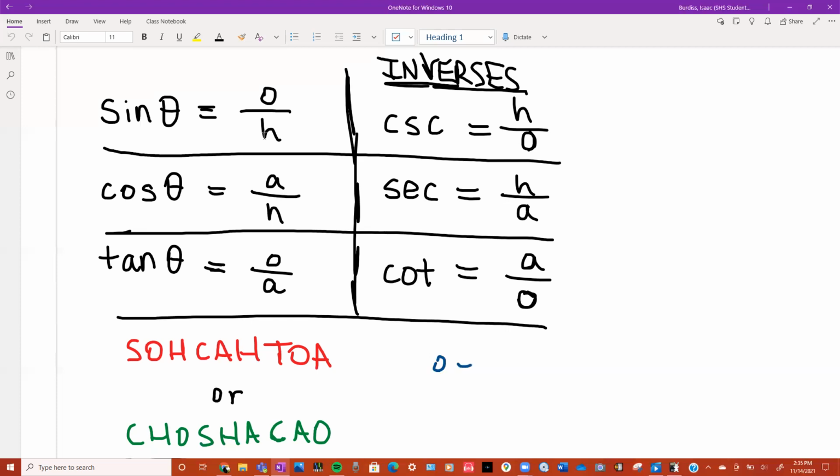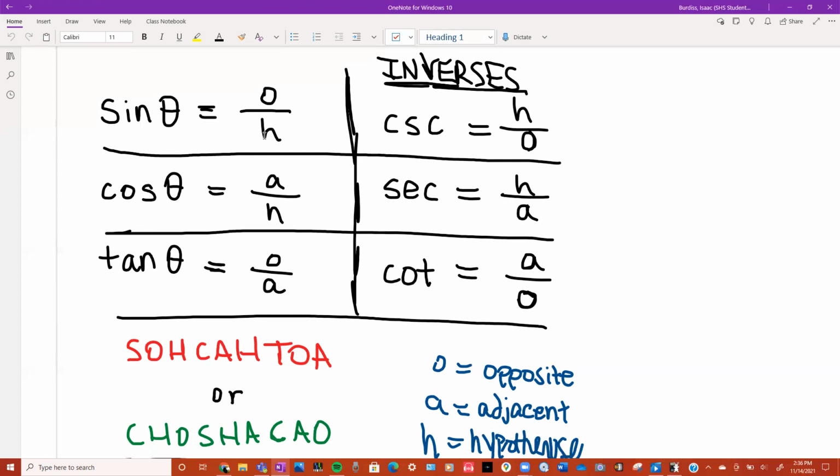O is opposite. A is adjacent, and in case you don't remember what these mean, we'll look at this later, or really just in a second. And H is hypotenuse. And hopefully you remember that's the one across from the right angle, and it's always the longest one.